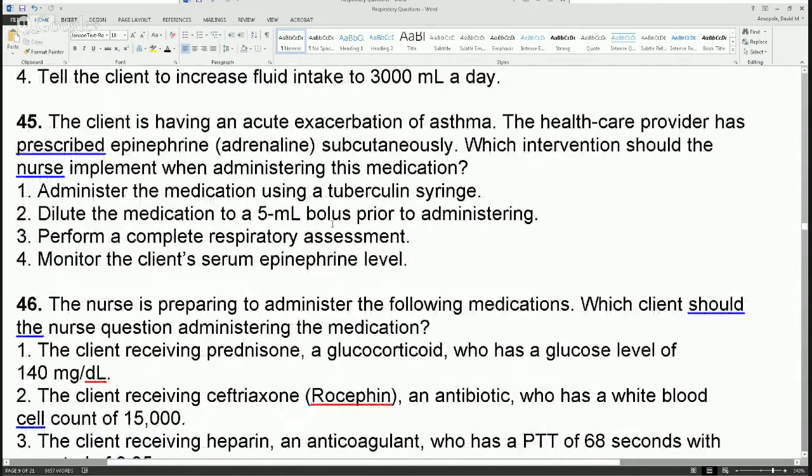All right, Jeff. The client is having an acute exacerbation of asthma. The healthcare provider has prescribed epinephrine sub-Q. Which intervention should the nurse implement when administering this medication? You want to administer the medication using a tuberculin syringe, I believe.